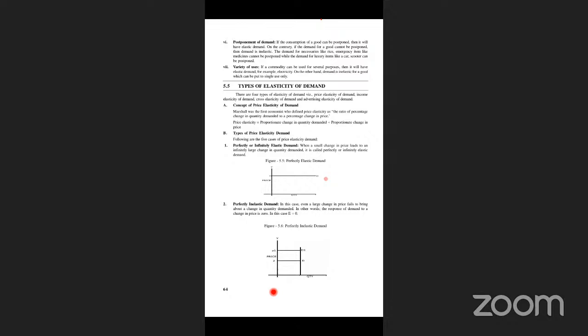Now, if you look here, P1, and further it can be P2 also, P3 also. So the change in the price is happening here. And if you look, the quantity is the same.